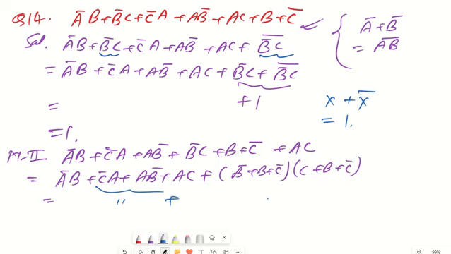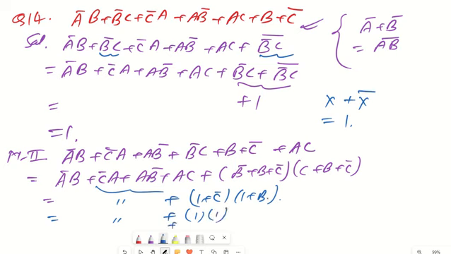So I'm going to write it down as 1 plus c bar into, again c plus c bar will be 1, so 1 plus b, right? So this is going to give us the first term into 1 plus c bar, which is nothing but 1, into 1 plus b, which is nothing but 1.